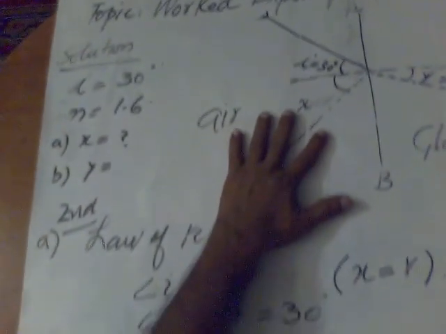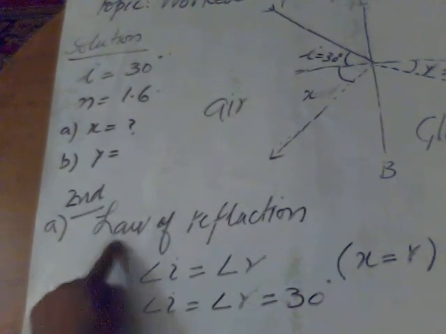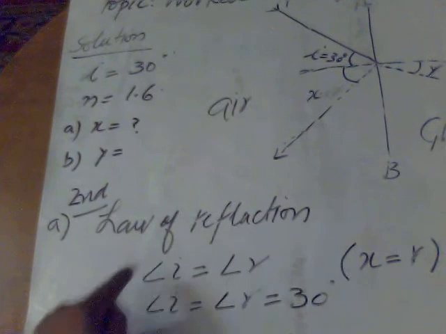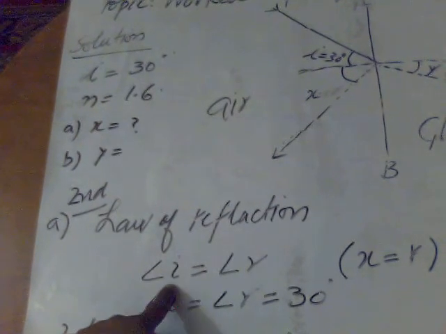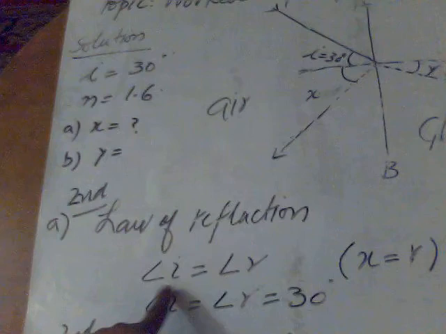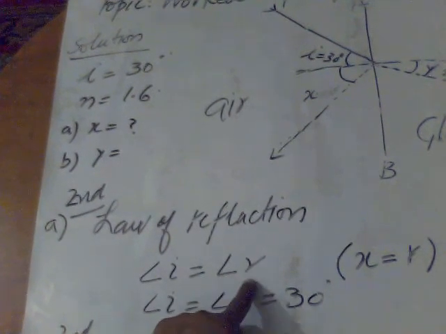Everybody of you knows that you have studied the second law of reflection: angle i is always equal to angle r. The angle of incidence is always equal to the angle of reflection.